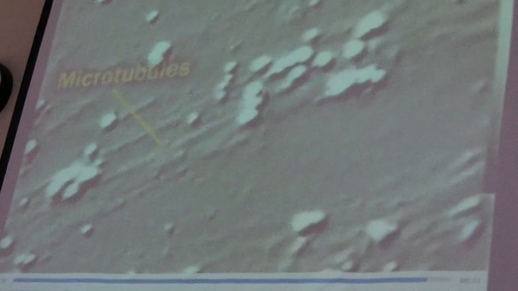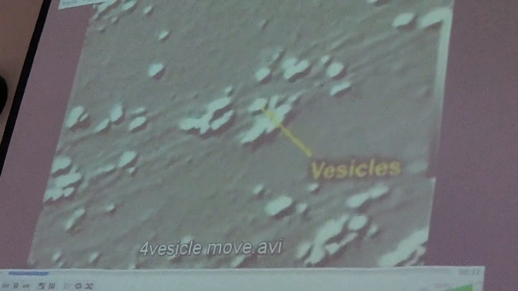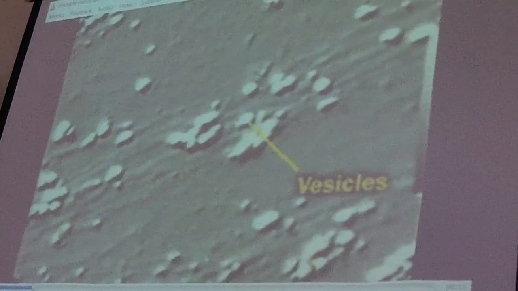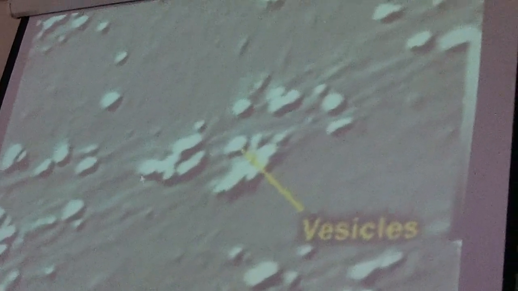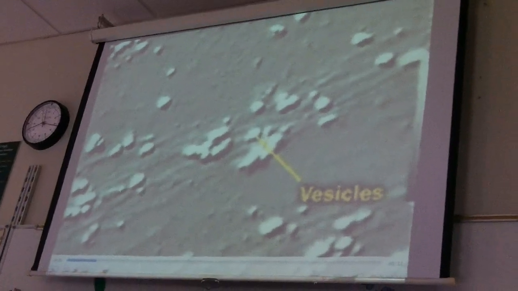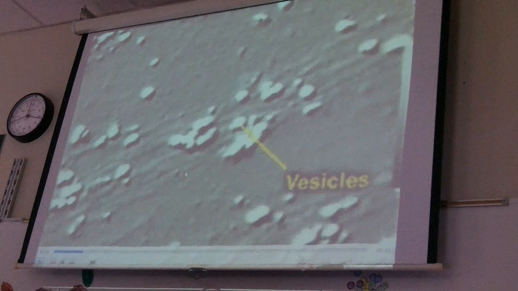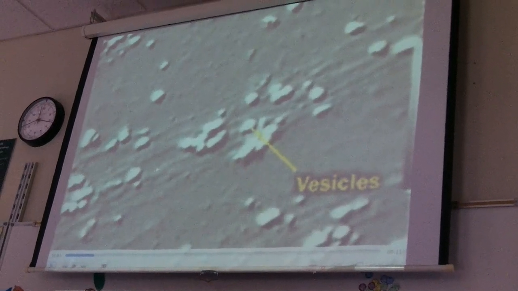This is called phase contrast microscopy. All of these little things are vesicles in a cell. These lines you see here are the microtubule tracts.